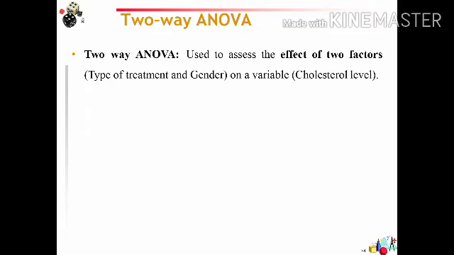Next, we come to the second technique, that is two-way ANOVA. Two-way ANOVA is used to assess the effect of two factors on a variable. For example, the cholesterol level may depend on the type of treatment and gender.